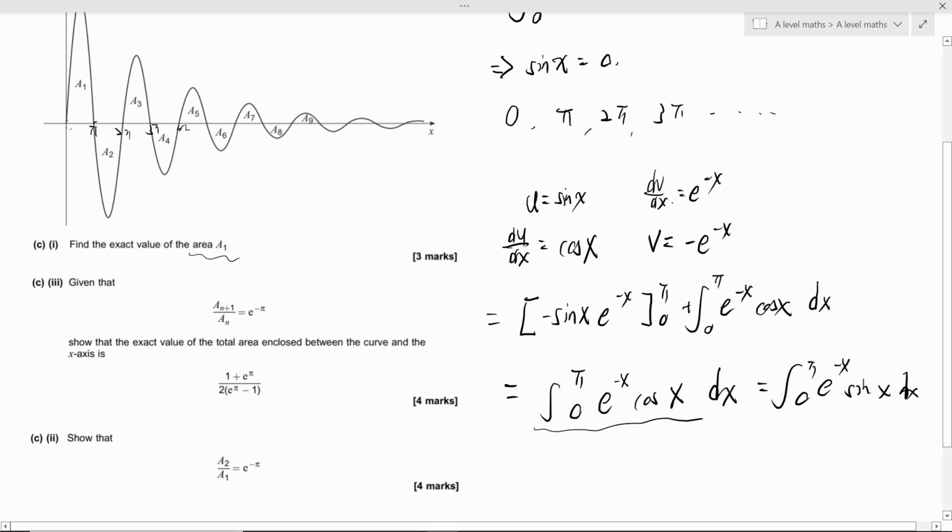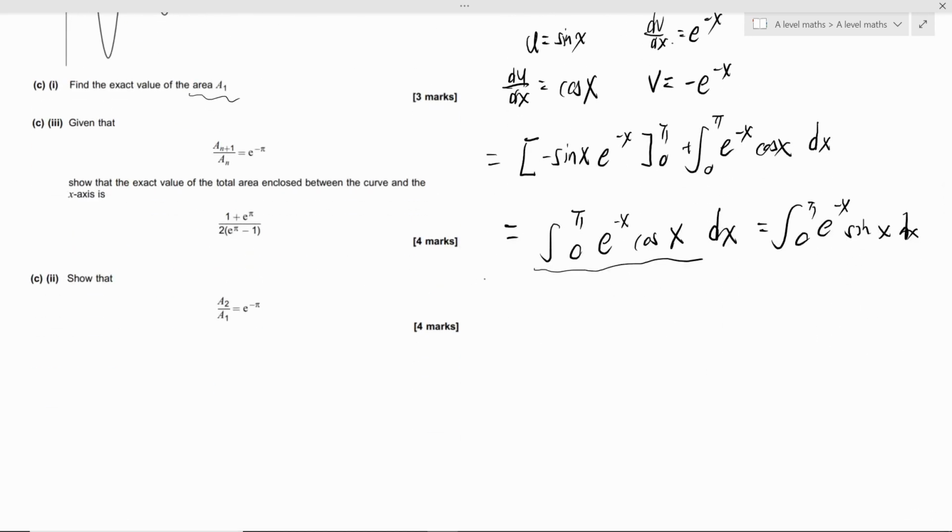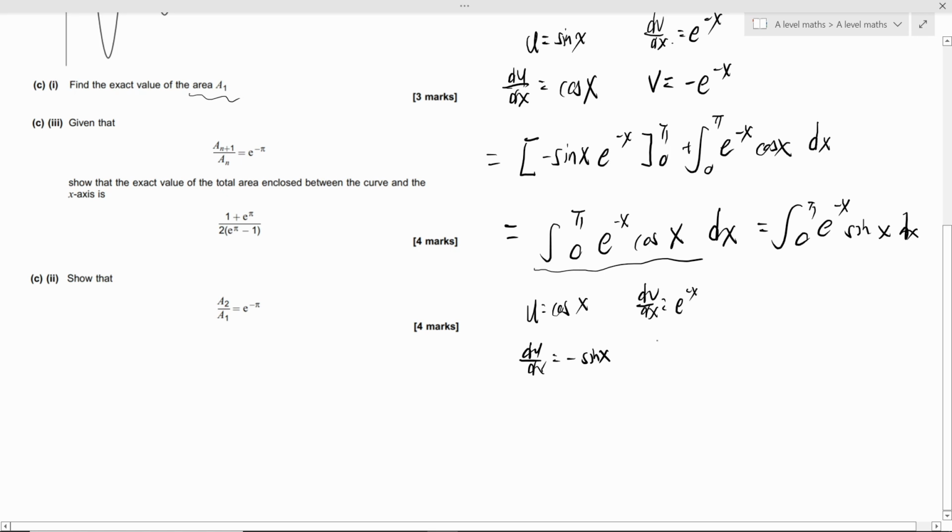If we integrate by parts the left hand side again, what do we have? Well, let u be cos x, du/dx be minus sine x, and dv/dx be e to the minus x, so v is minus e to the minus x.